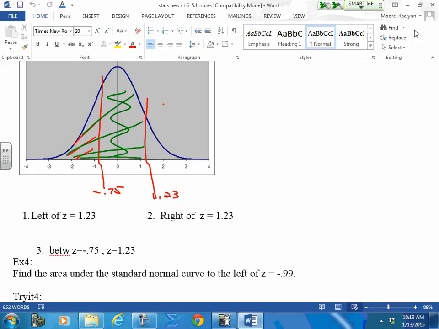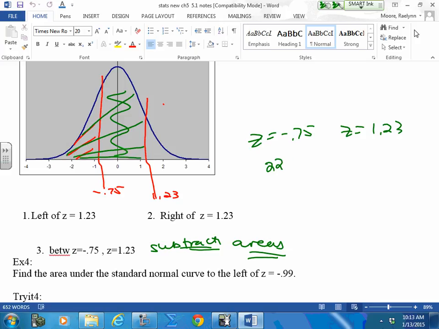So we're going to subtract, not the z-scores, we're going to subtract the areas. So find me the area for -0.75. And we found this one already, 1.23. Thank you.